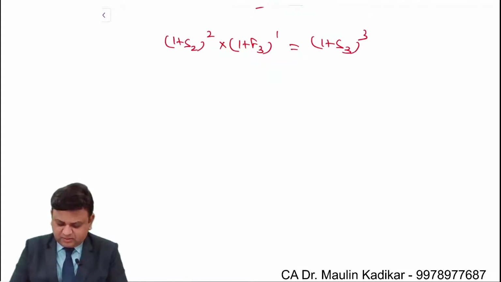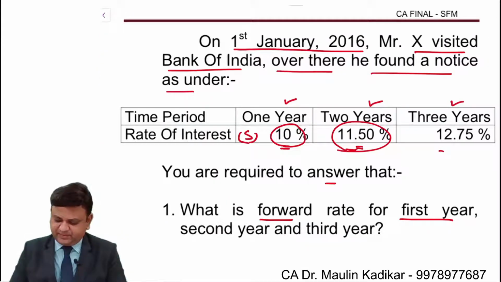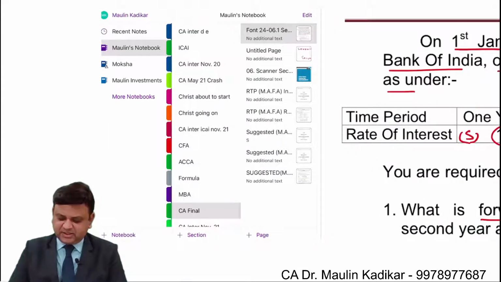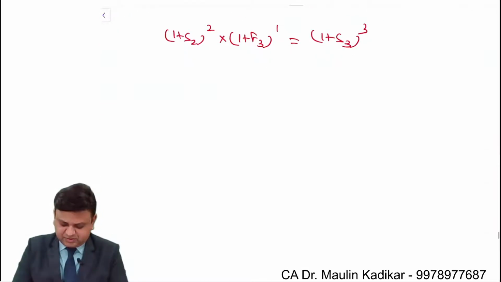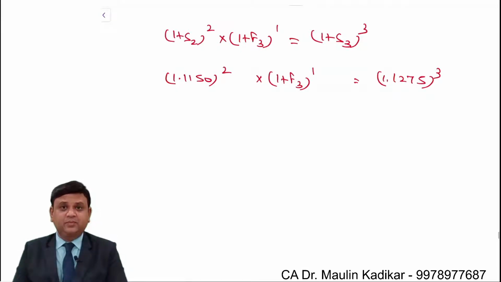So over here, second year spot rate is 11.5% and third year it is 12.75%. This is the way it will be calculated as a balancing figure.